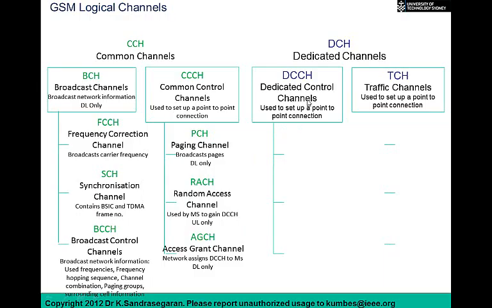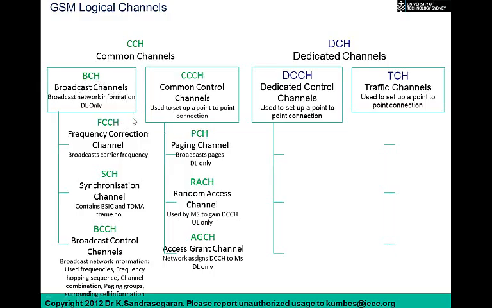You also need common control channels for paging, and this is a downlink channel where a network tries to contact a user within a location area to find out information about the user, so as to be able to connect an incoming call to a mobile subscriber.